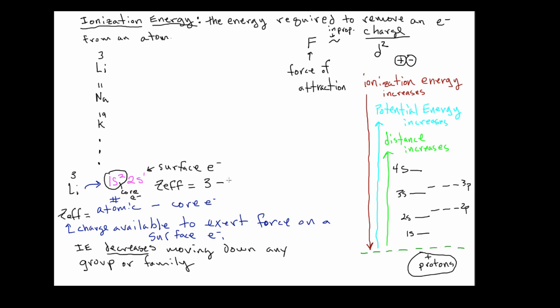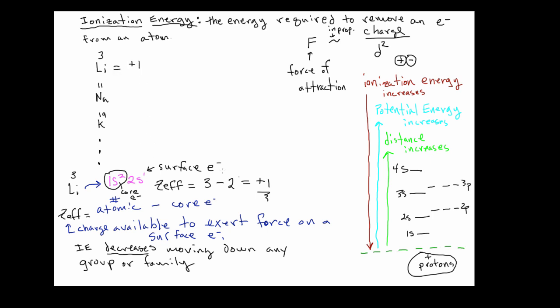So we subtract the core electrons from the total protonic charge, and what we get is +1. This represents the charge that's available to generate a force of attraction on this singular electron out here in energy level 2. So I'm going to put that in here. Our effective nuclear charge for lithium is 1.